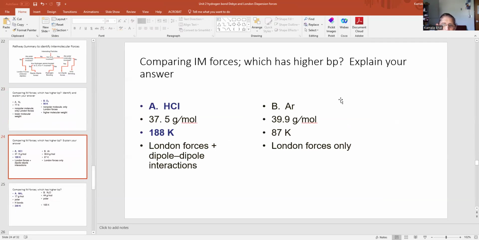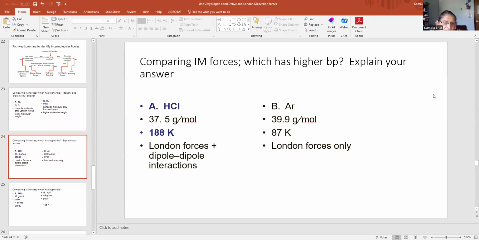Beyond that, you can even compare a compound like HCl, a covalent compound, with that of argon, an inert gas.